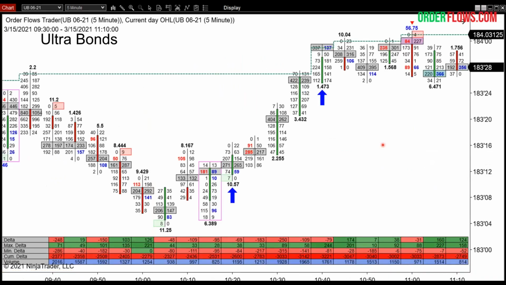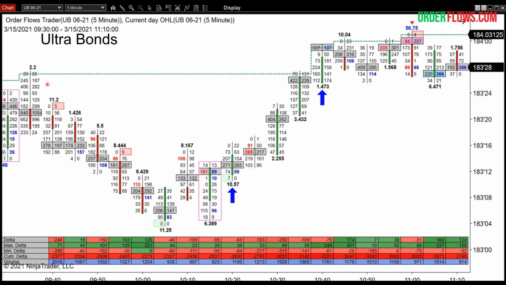This was ultra bonds as well, right? You come into a swing low, you don't have any prominent point of control, but now you're getting multiple buying imbalances. And then you're starting to see the market weakness. Now it's a little confusing for people when you hear the term market weakness and you're looking to buy. What it is, is the selling weakness. The selling is getting weaker, right?